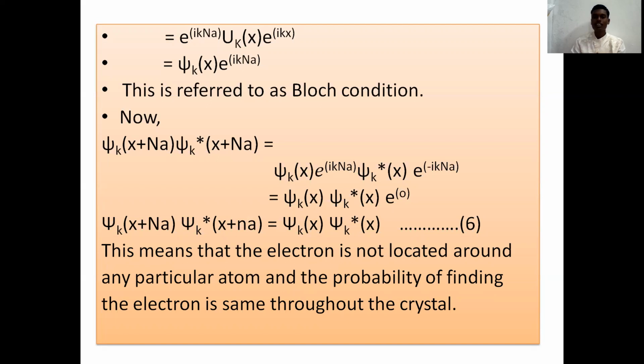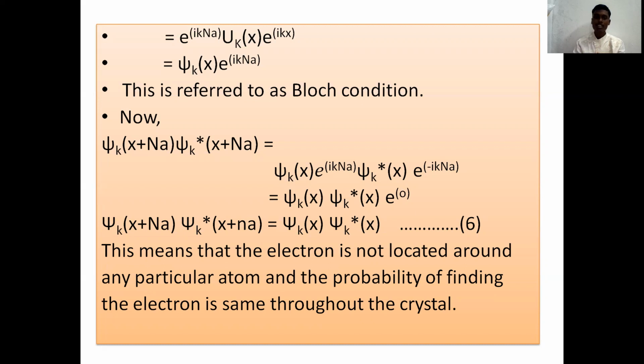In the same way, here e power ikNa and e power minus ikNa, if we add, we get power 0. That means psi k of x into psi k star of x into e power 0. The total equation is psi k of x plus Na into psi k star of x plus Na equals psi k of x into psi k star of x.